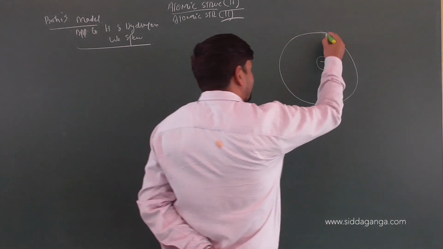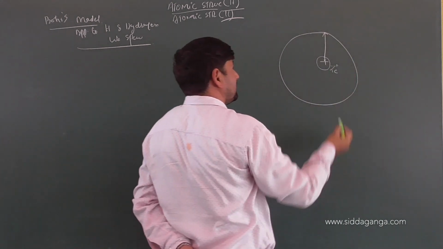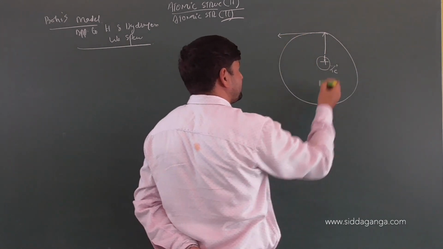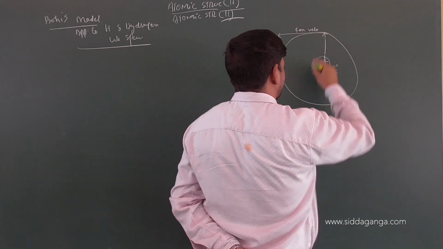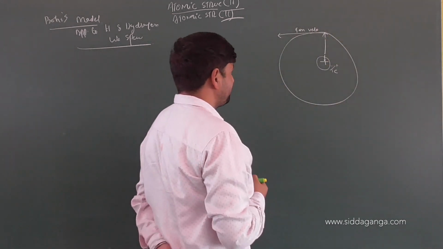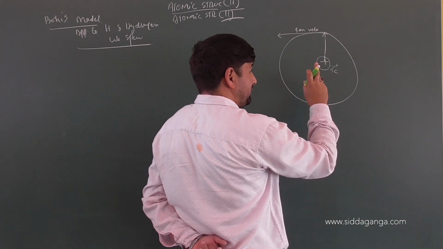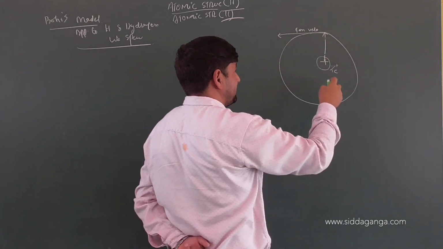Now, when the electron is moving around it, there are two different forces working on it. This is our tangential velocity, in which the electron is rotating around the nucleus. The electrostatic forces of the nucleus are converted to circular motion.